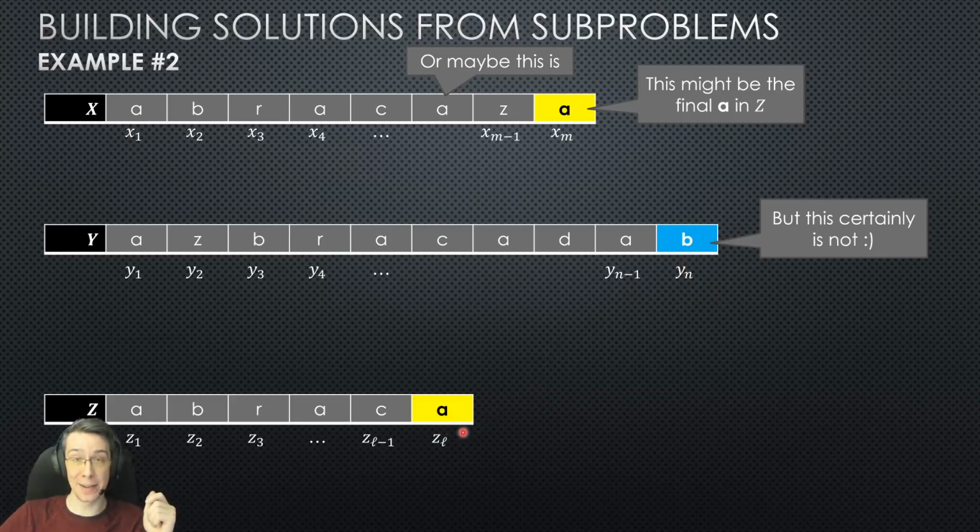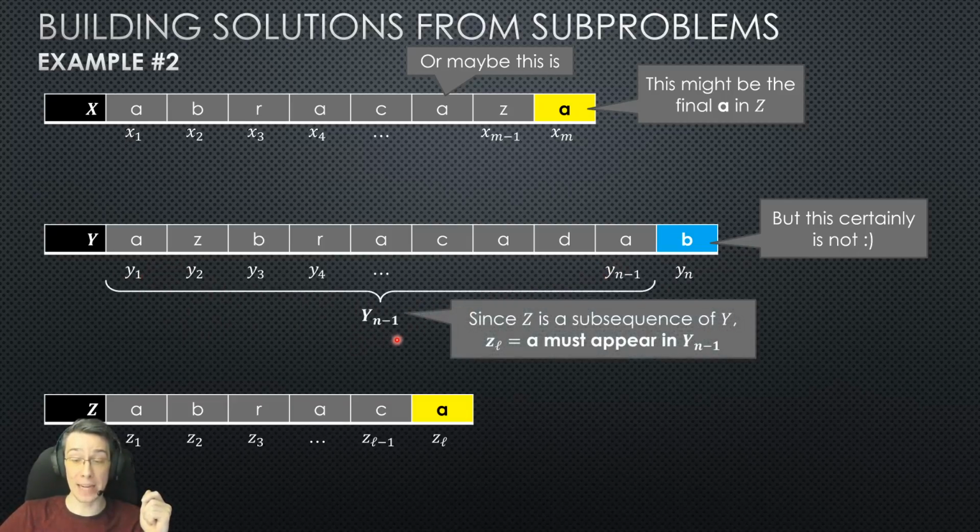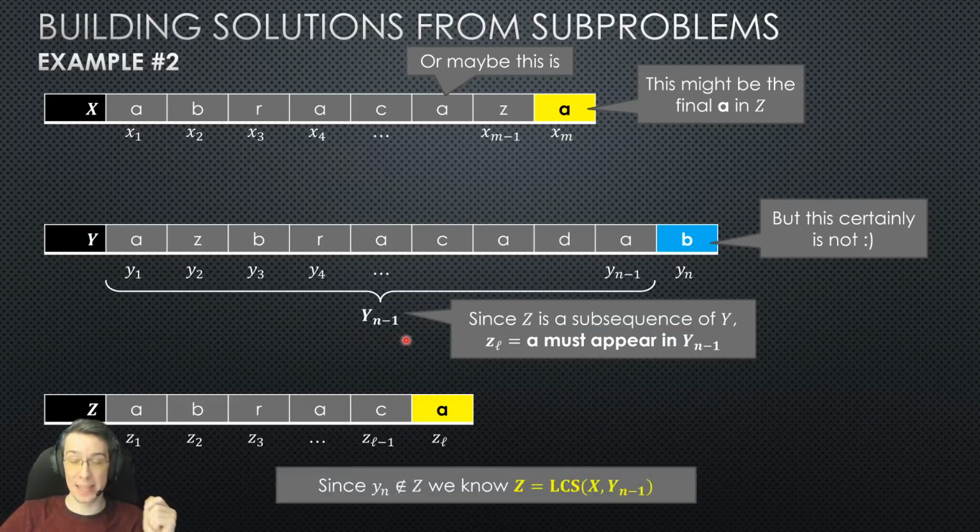It doesn't match the last letter of z, so we don't need this letter because the entire LCS z should be found in the prefix yn minus 1. So in this case, in order to find the LCS, we can just invoke LCS of x, y, n minus 1. We can solve the subproblem x, y, n minus 1, and we'll end up with the same LCS, if the last letter of x matches the last letter of z, and the last letter of y does not match the last letter of z.